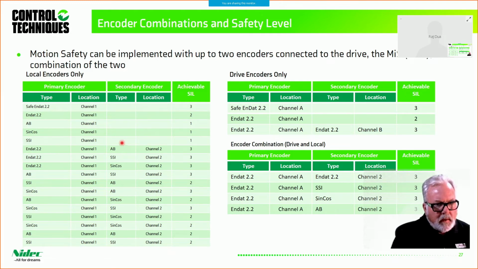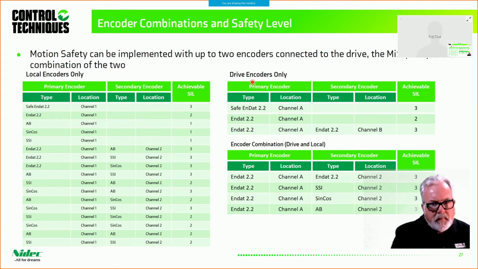But what's important is the achievable SIL, safety integrity level. This does not say that just the addition of these encoders is going to give you SIL3. No. It says that level is achievable when you're using this combination of encoders. So that's how you would interpret this particular table.